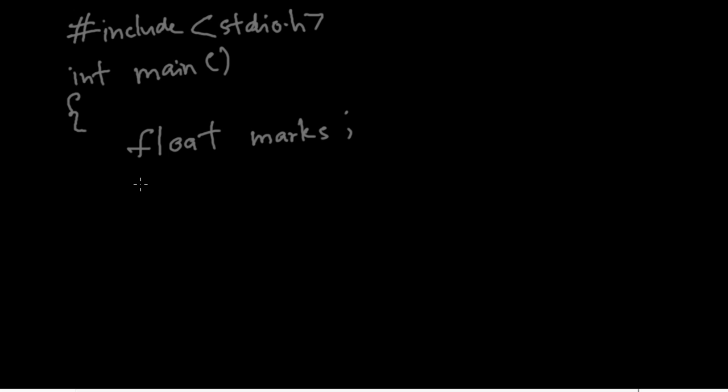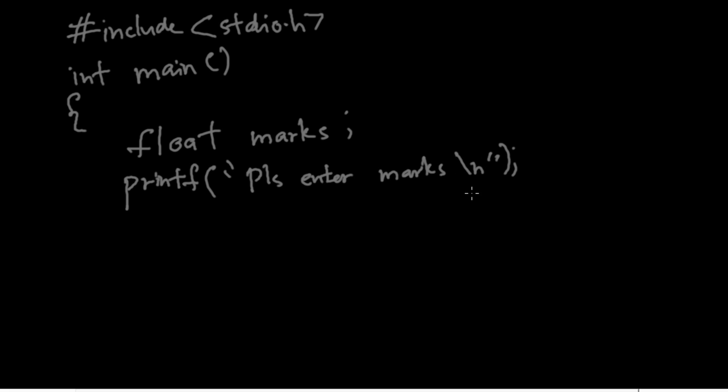Now what is the output of the program? First, it prints on the screen, please enter marks \n. I hope you remember what \n is. What it means is that in the command prompt it goes to the next line.